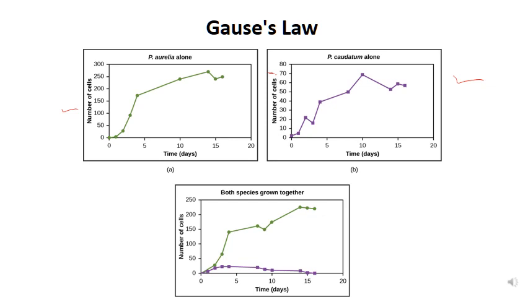So this one is the stronger one, and this one is the poorer one, or you can say the superior species and the inferior species.